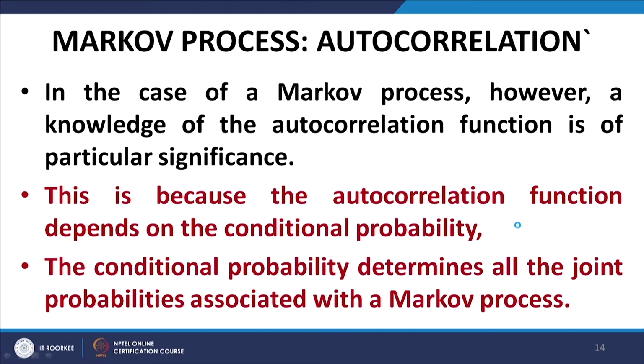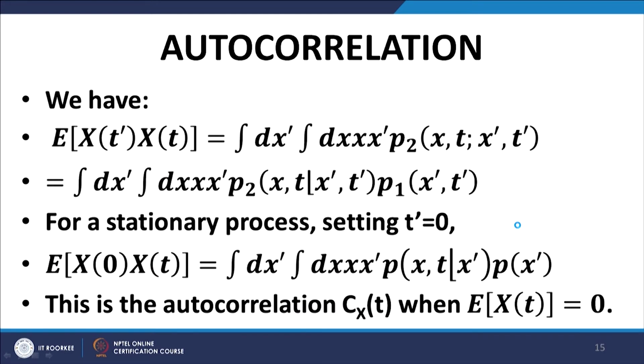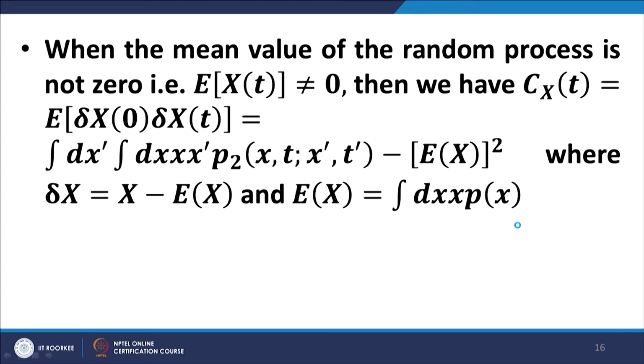So, knowing the joint probabilities, we can calculate path probabilities. For continuous stochastic processes, the formulas are slightly different from the discrete expression. The only basic difference is that we replace the summation by integration and the probability functions by probability density functions. The rest is more or less absolutely parallel.